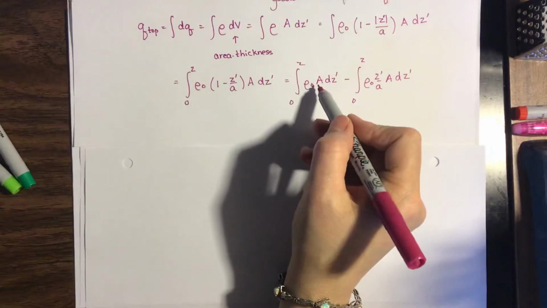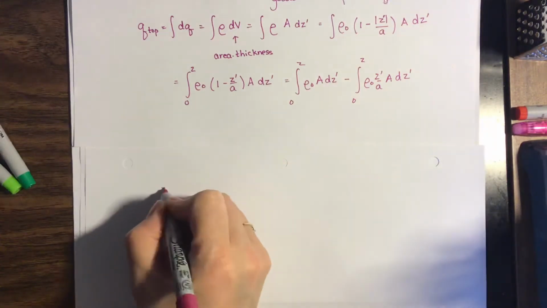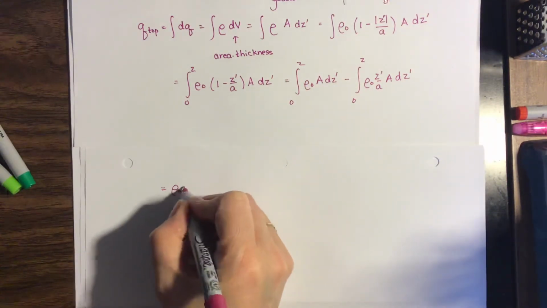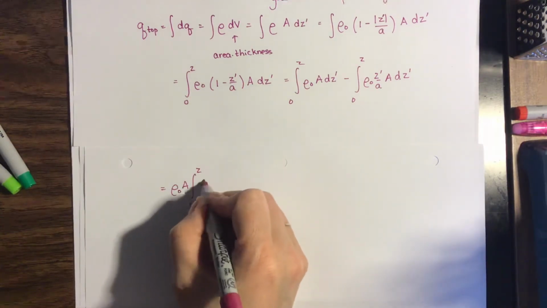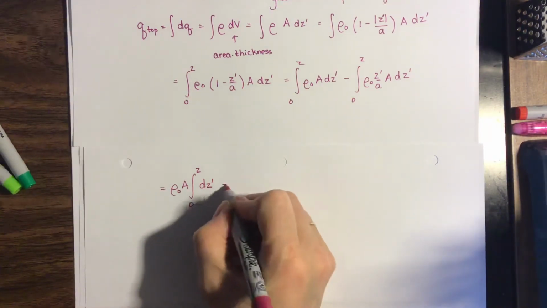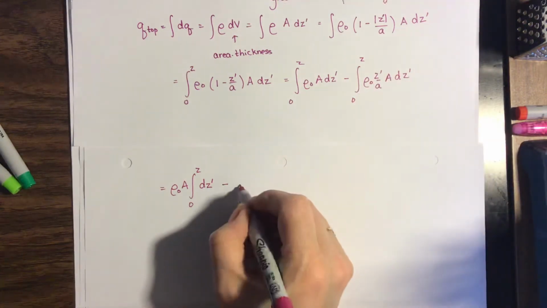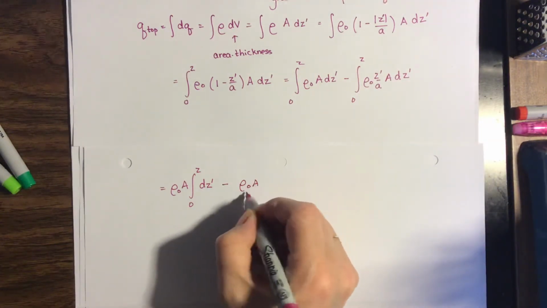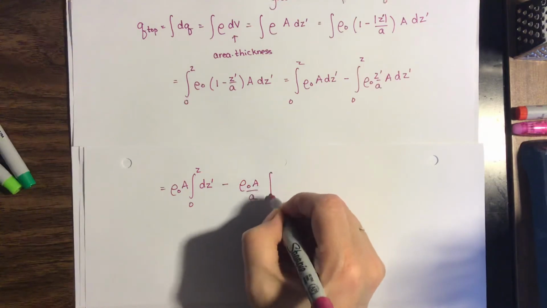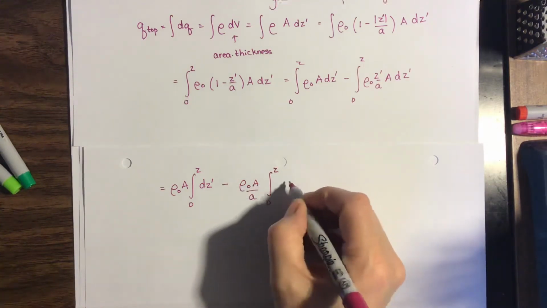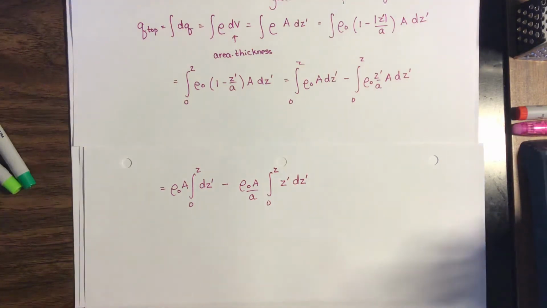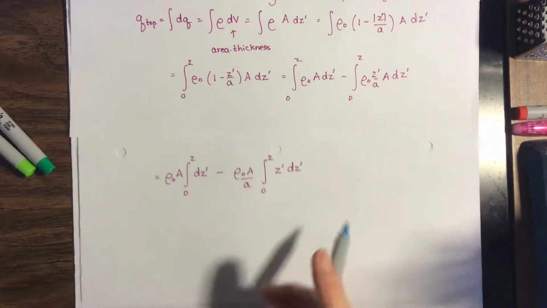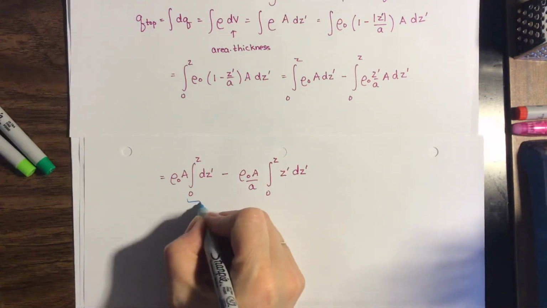So this first one, I can take my constants out front, rho naught, integral 0 to z dz primed, minus, I can take my constants out front, rho naught over a, integral 0 to z of z primed dz primed.